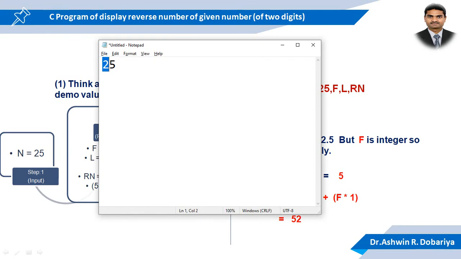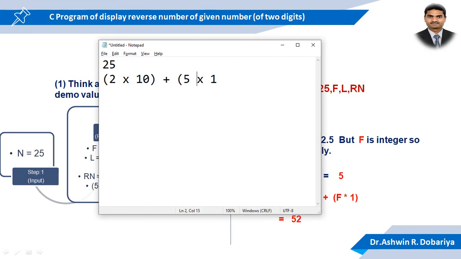in that way. So suppose this is our original number, right? The first digit we multiply with 1, and the second digit, 2, is multiplied with 10. If we take the sum of both, then this number is generated.